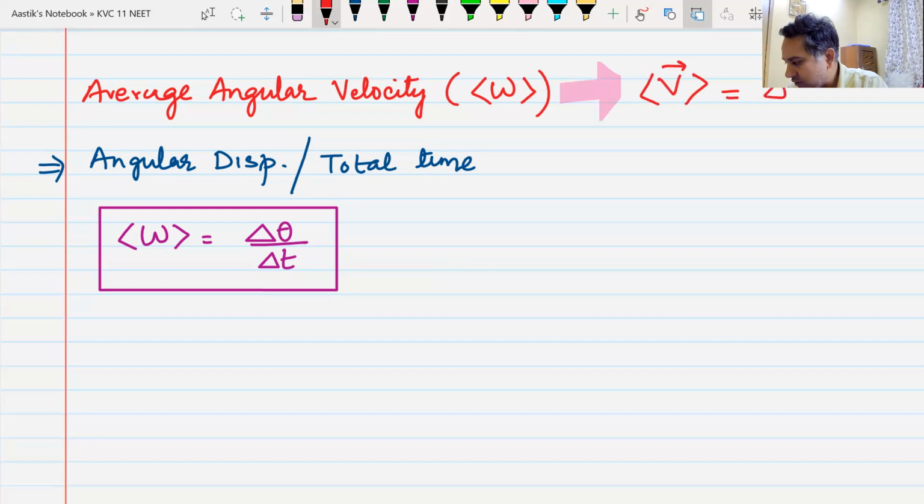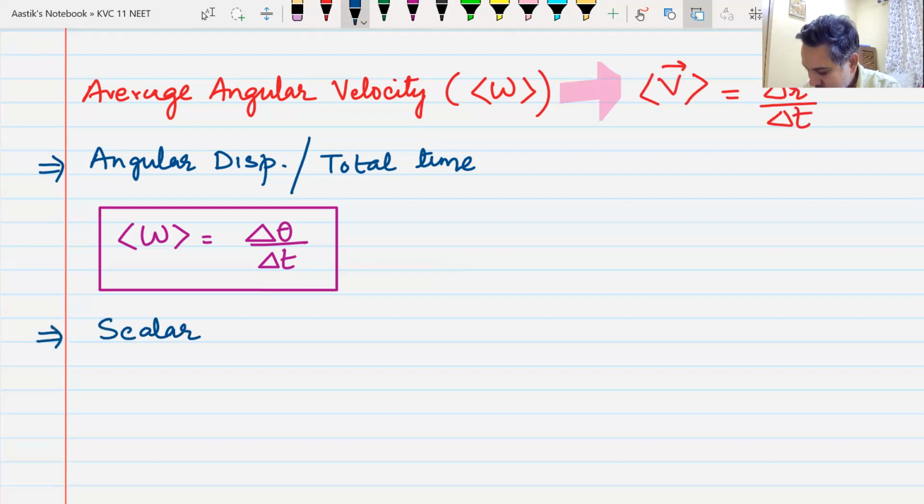Average velocity was total displacement divided by total time. This is angular displacement divided by total time. Remember, this is a scalar quantity.